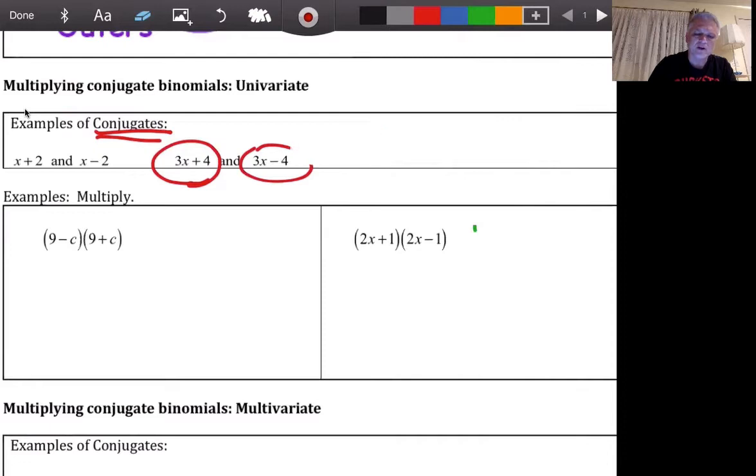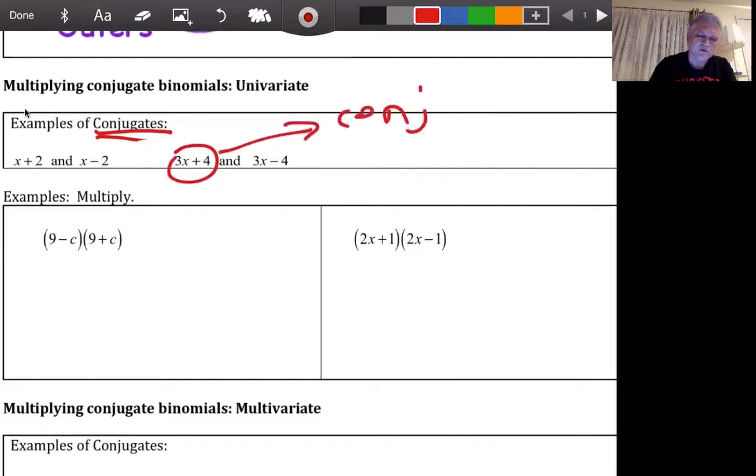If I had said, 3x plus 4 is one term, what is the conjugate? Well, they'd say, we got to change the signs. They'd say, well, 3x has to be negative 3x, and the plus 4 has to be minus 4. And that would be wrong, because we need only the sign between the 2 terms changing.